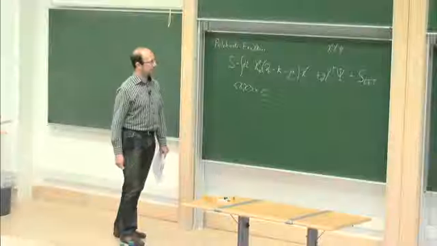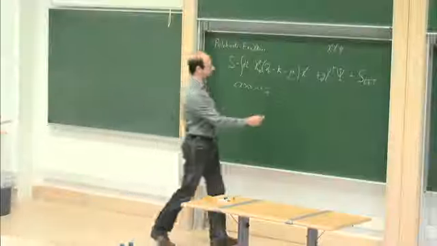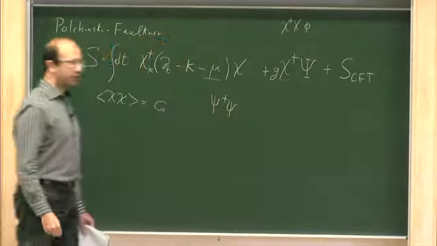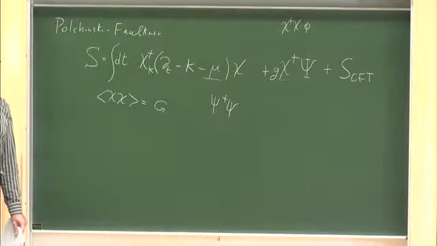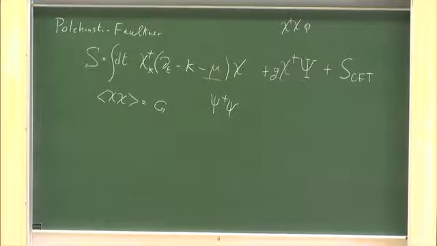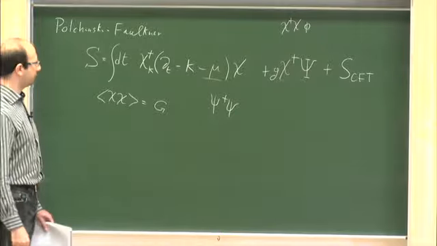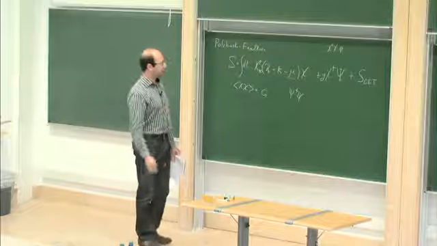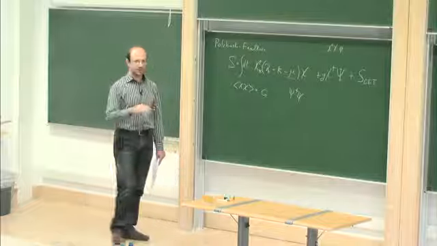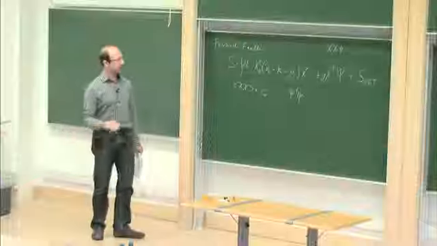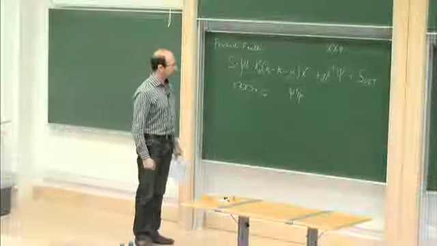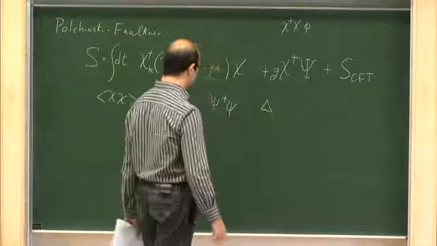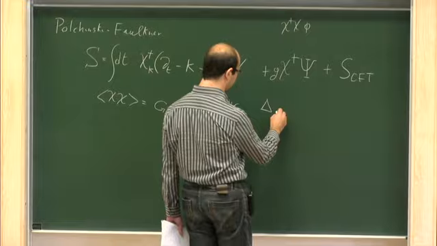Most worrying is a deformation of the form psi dagger psi. But this is a double trace deformation in the field theory, and so its effect can be studied easily in the large N expansion. We know that this double trace deformation just induces a flow that changes the quantization of the field. So this deformation is relevant if the dimension of the operator is less than 1/2.